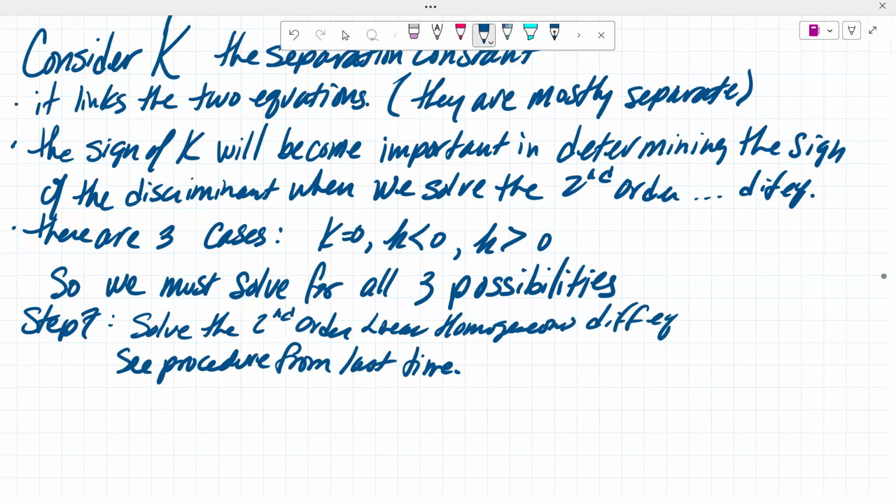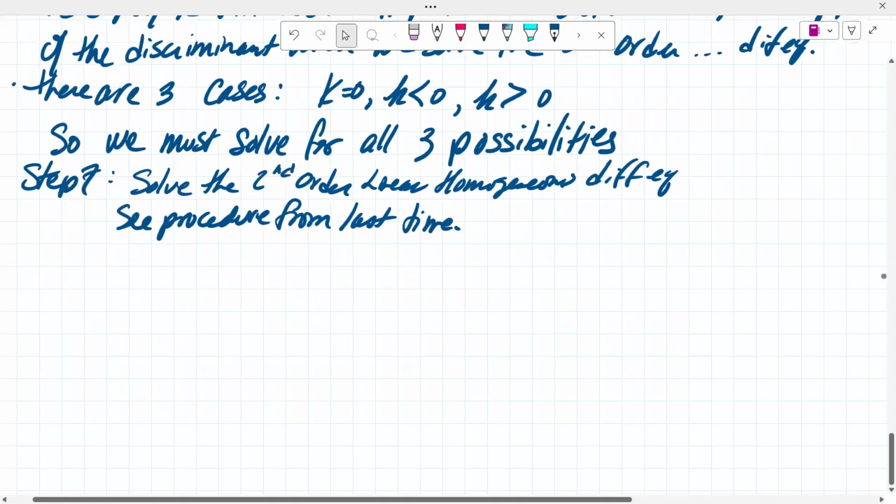Alrighty, well, there's no time like the present to go ahead and get started with that. So let's go ahead and start with the X equation. So we're going to start off like this.